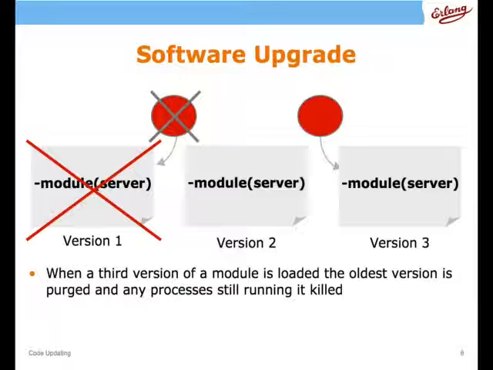Even if there are processes still running the old code, they don't carry on running it, they are killed. So we know that the code in the system is either the old version or the current version. It can't run any versions older than that. And as I said earlier, other things, the supervisory processes or whatever, will have to deal with that process having died, and will have to restart it or whatever.